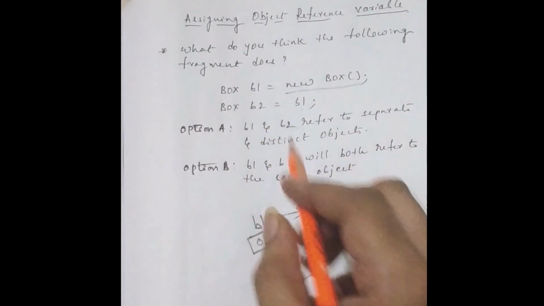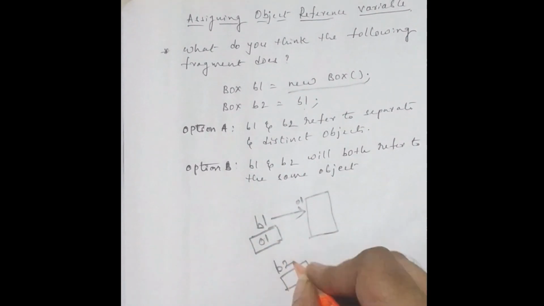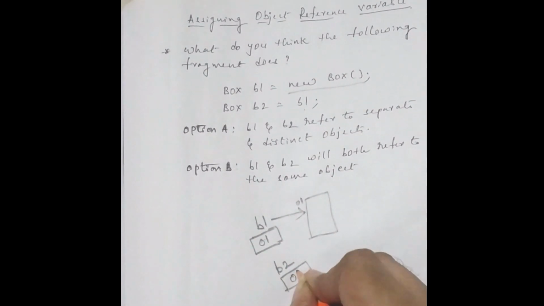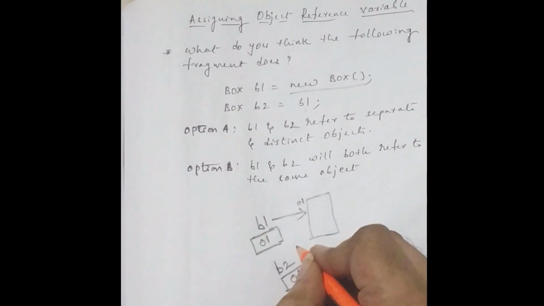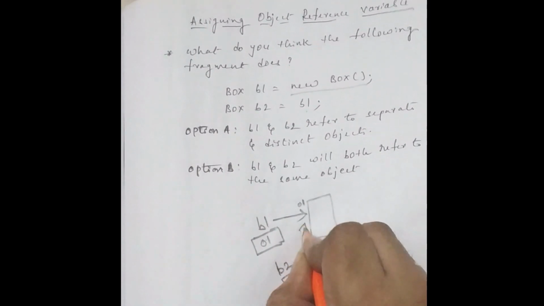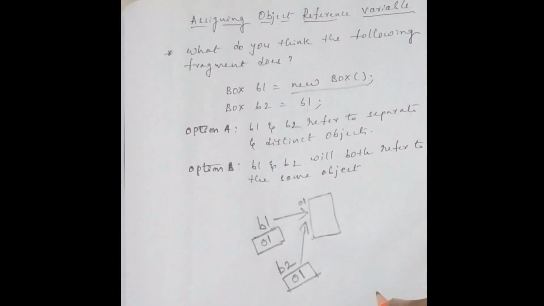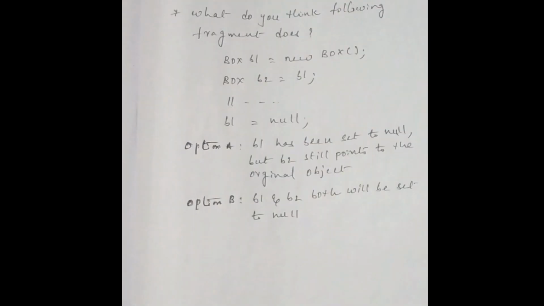What value does B1 have? 0, 1. So in B2 also, I have the same value, 0, 1. In other words, both B1 and B2 are referring to the same object. So the answer for this question is option B.